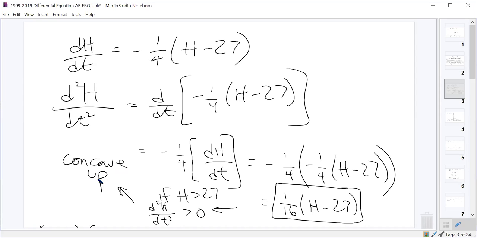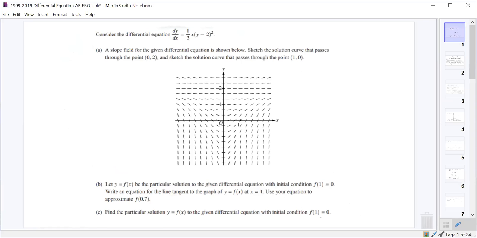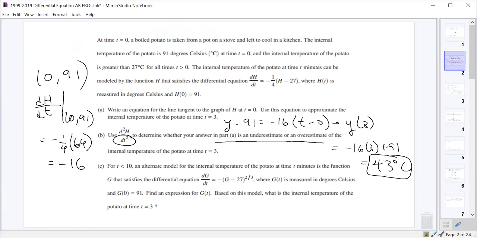Everybody at home okay with that? Understanding why the second derivative is positive and that makes it concave up? Yeah. Everybody, not just Nick? But what if it's smaller than 27? Oh, wrong page. It's not, because it says that it is greater than 27 for all times t greater than 0 initially in the problem.